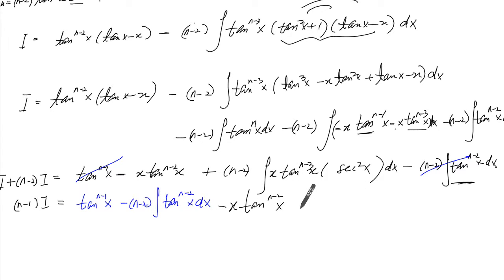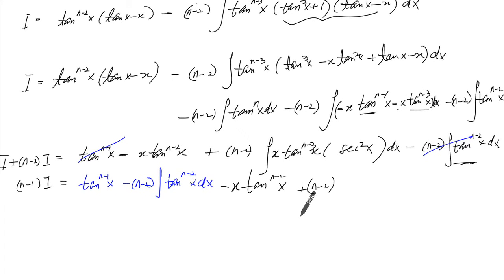For this one here, again integration by parts. I'm going to let u equal to x and dv equal to tangent n minus 3 x secant squared x. du is equal to dx, and v.